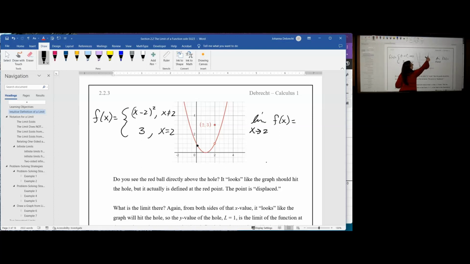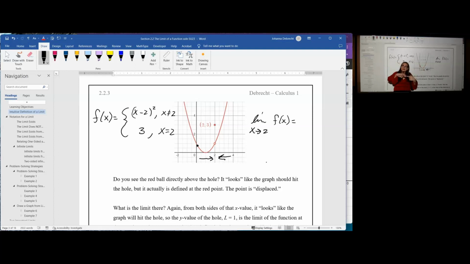As I approach from the right side, the x values are getting close to 2, values like 2.1, 2.01, 2.001, and so on. It looks like the y value is going to be 1. Coming from the left side of the graph, as we get close to 2, 1.9, 1.99, 1.999, it looks like the y value is going to be 1.